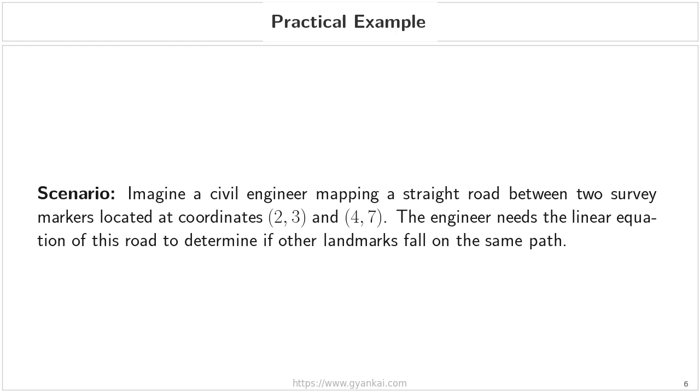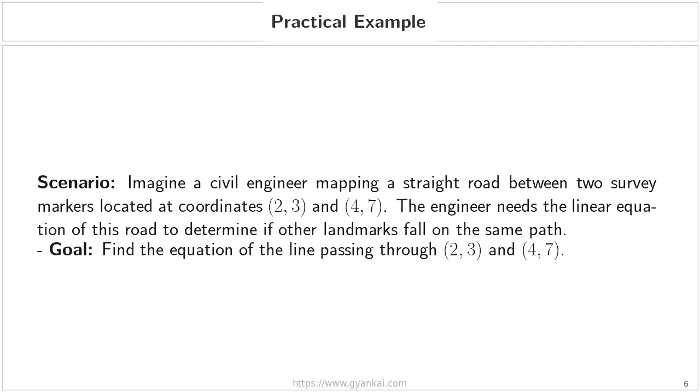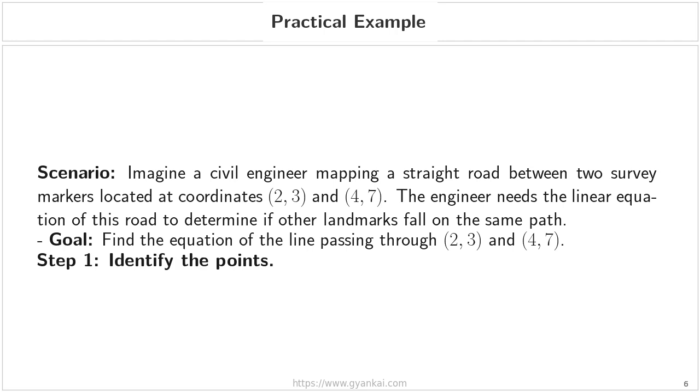To ensure the road stays perfectly straight, and to check if any other landmarks or structures fall along the same path, you need to find the linear equation that represents this road. So, our specific goal here is to find the equation of the line that passes through the points (2, 3) and (4, 7). To solve this, we will follow the same systematic approach we just discussed.